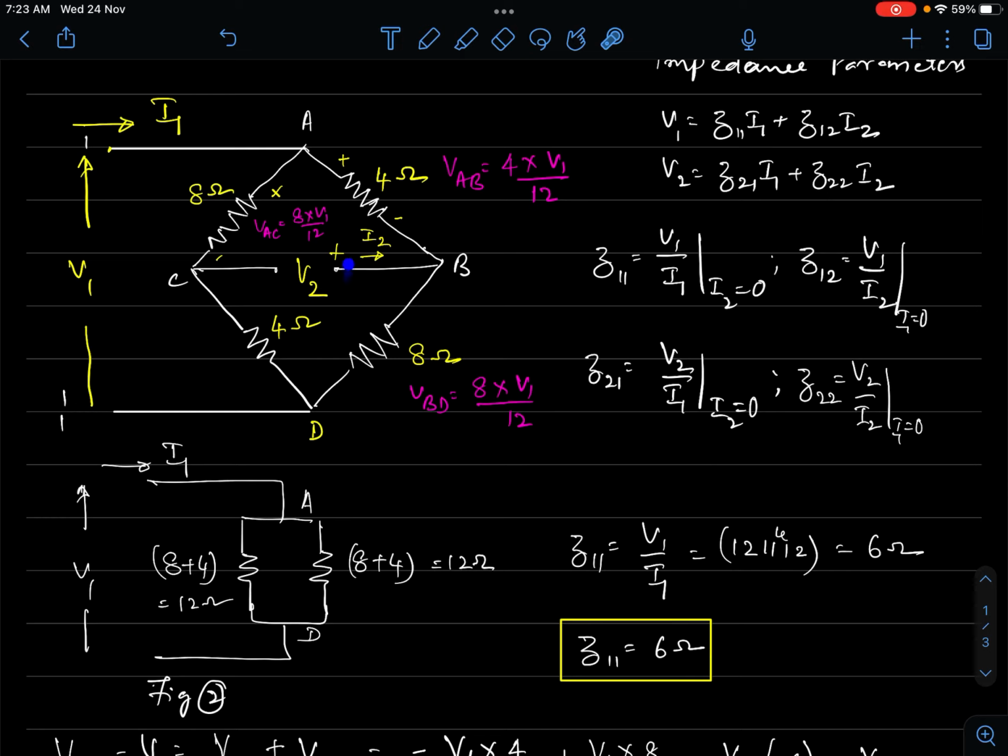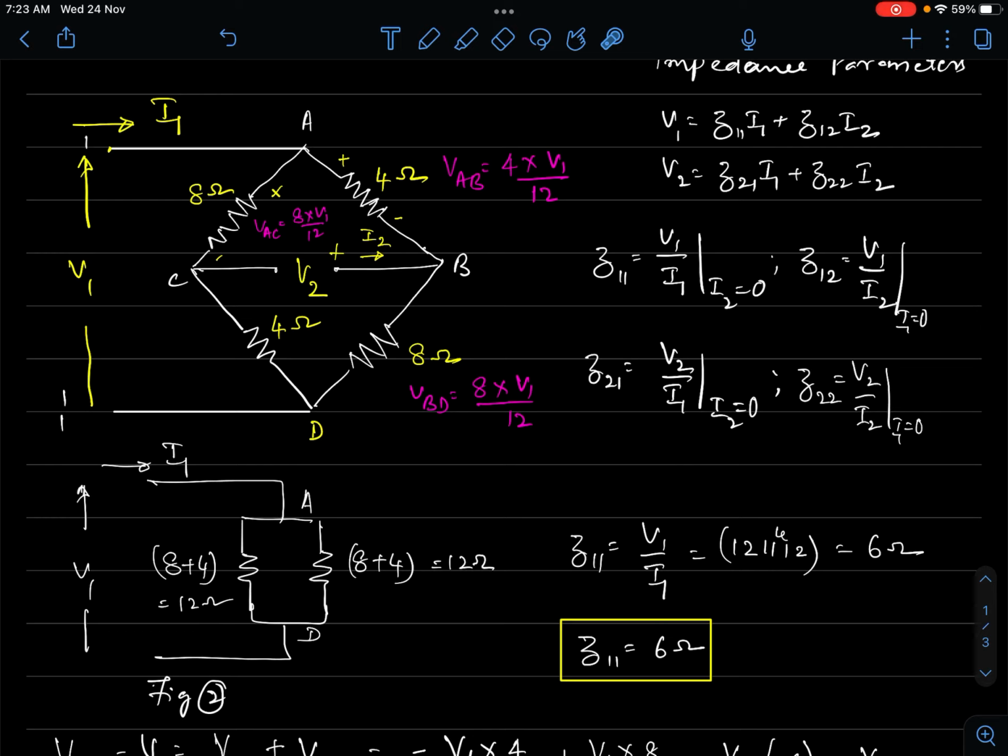This is the port wherein we are giving the supply. So you will have the I2 current being distributed between 4 and 8. They will come back here and come back to the negative terminal of V2, right? So again there are two branches, 4 and 8 and 4 and 8. So it is like this only. Instead of A and D, you will have here B and C. That's all.